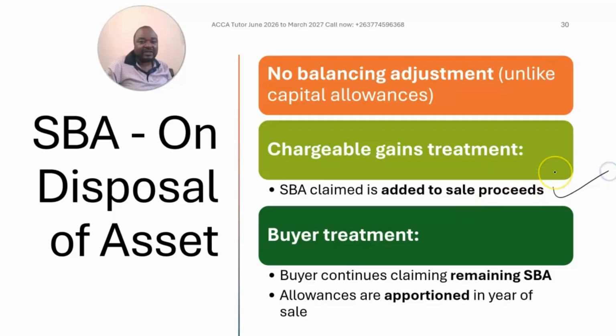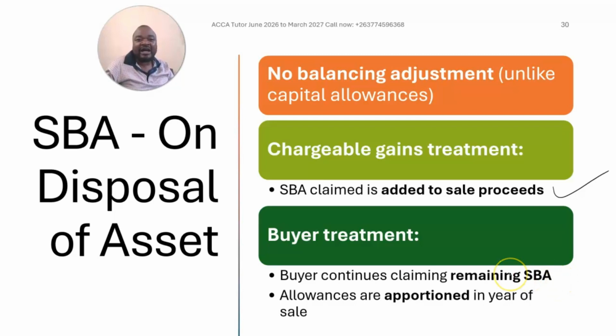So when you dispose of the asset on which you claimed SBA, you have to include that SBA which was once claimed to the sales proceeds, and you then arrive at the chargeable gains. Which means that the taxman would want to plow back those capital allowances which they had given you. The buyer treatment: the buyer continues claiming the remaining SBA.